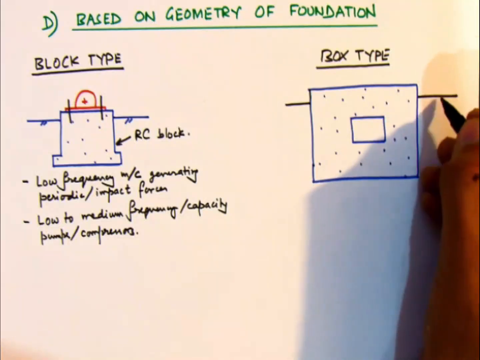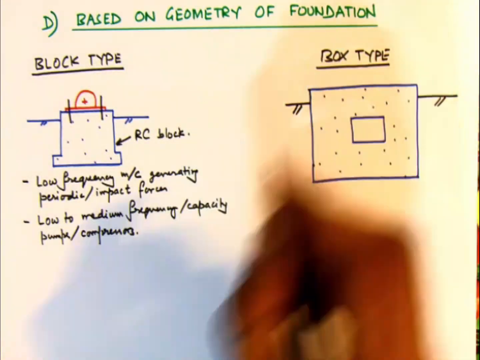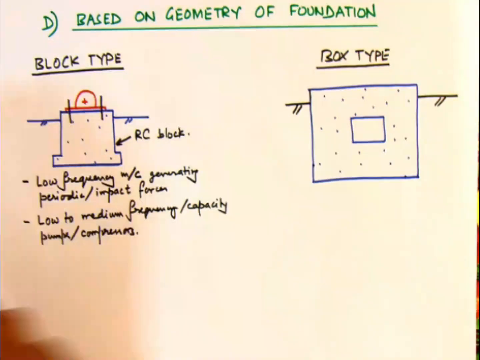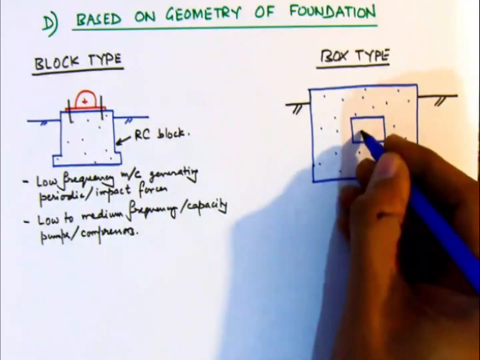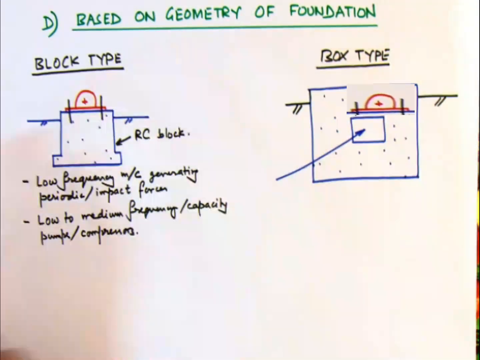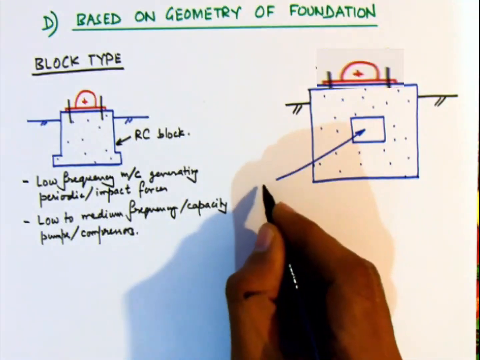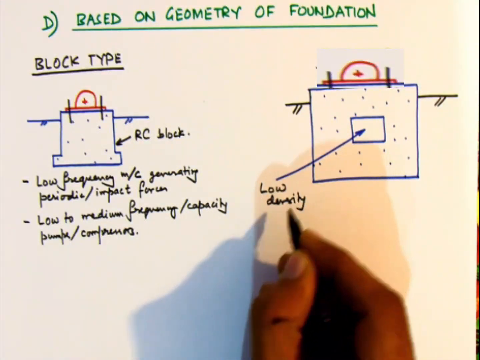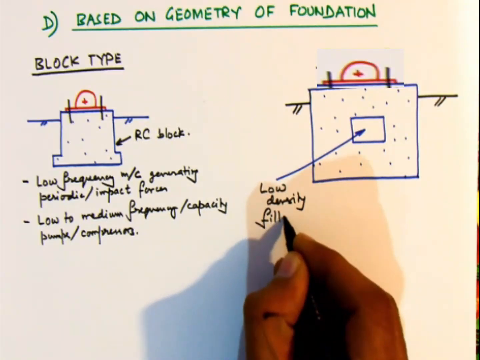Here there is a pocket in the interior of the block, and the machine is anchored at the top using anchor bolts. So anchor bolts are left at the top. They are cast together with concrete.